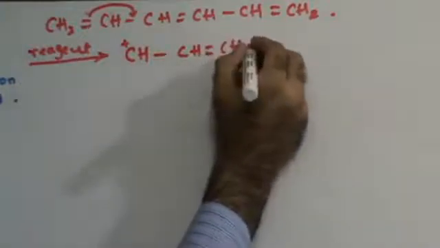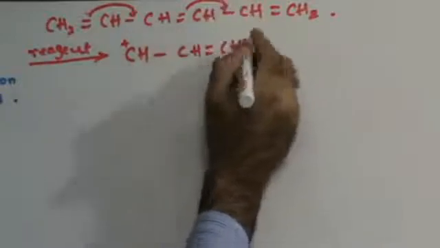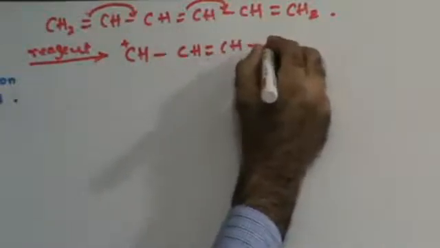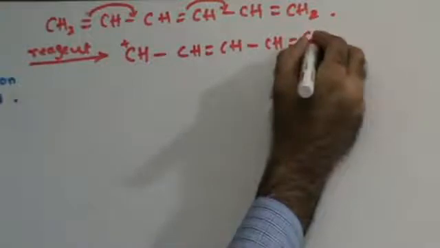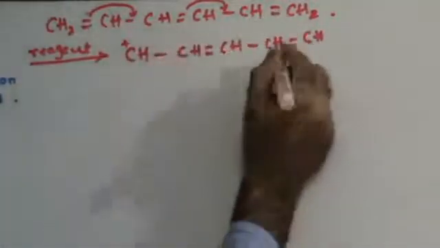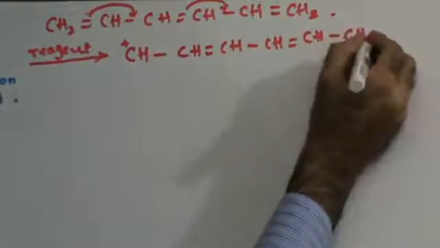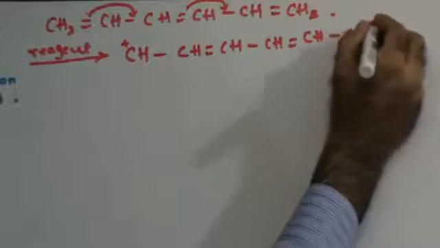CH. Again, you will have a relay of the system. So this is single bond CH, double bond CH, single bond CH2, which will develop a negative charge.